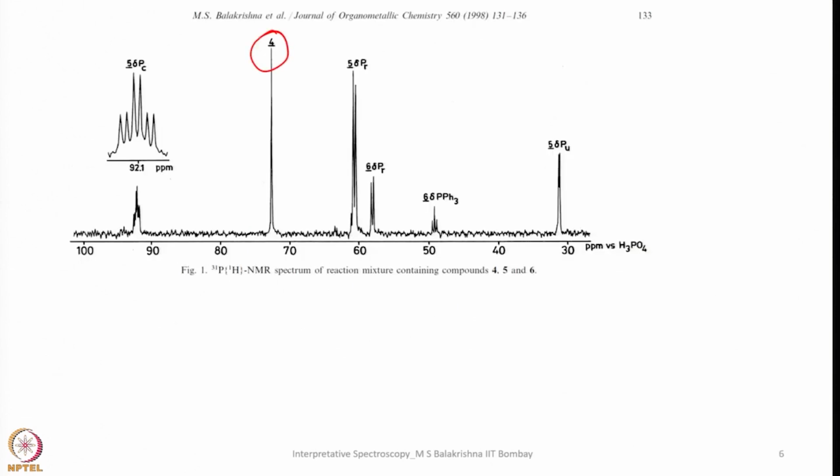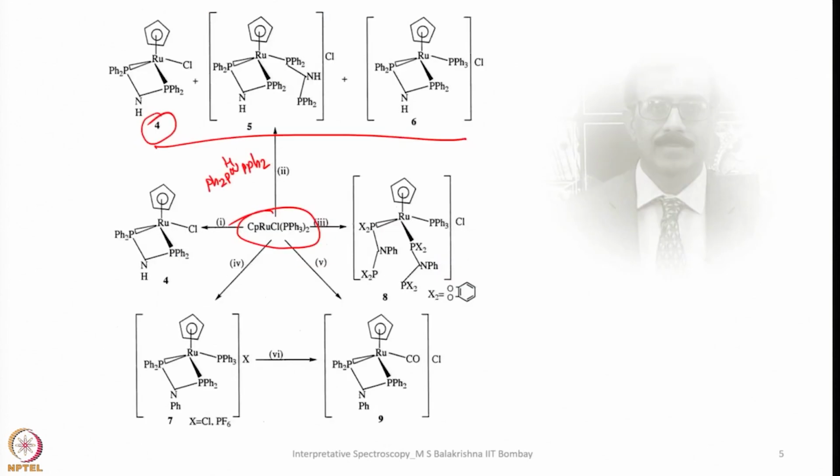Now let us look into other products. Let us go back to the reaction. In this product 6, one triphenyl phosphine is there and one bisphosphine is there. Bisphosphine chemical environments are identical, and we have PPh3. So by the simple 2nI+1 rule, we can anticipate a triplet for triphenyl phosphine and a doublet for bisphosphine, because bisphosphine will be coupled with the triphenyl phosphine, whereas triphenyl phosphine will be coupling with the 2 equivalent phosphorus centers from bisphosphine.